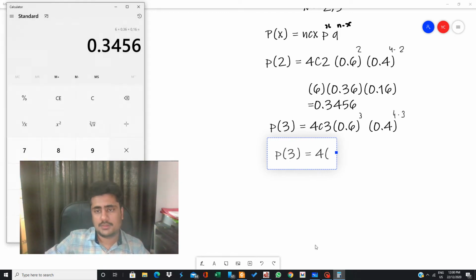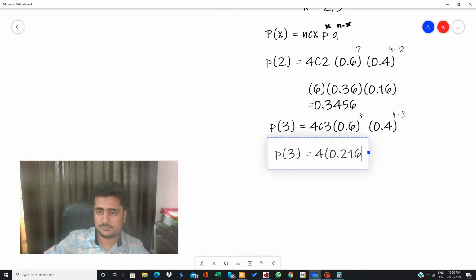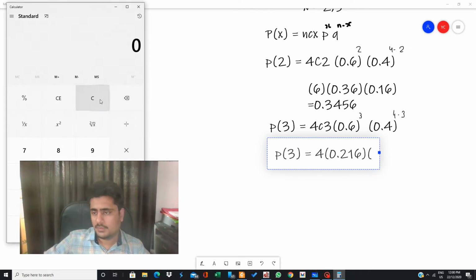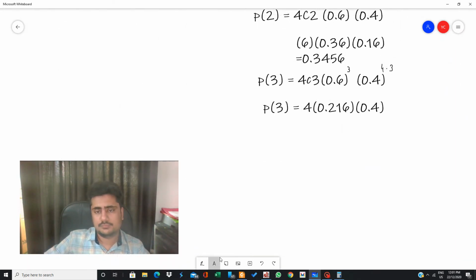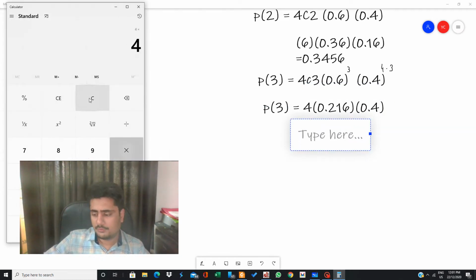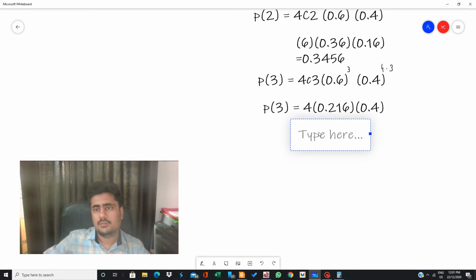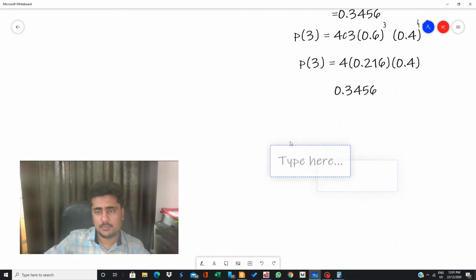Then 0.6 raised to 3 is 0.216, then 0.4. So 4 into 0.216 into 0.4 is 0.3456. Now you are asked to find the probability that more than 1 and less than 4.